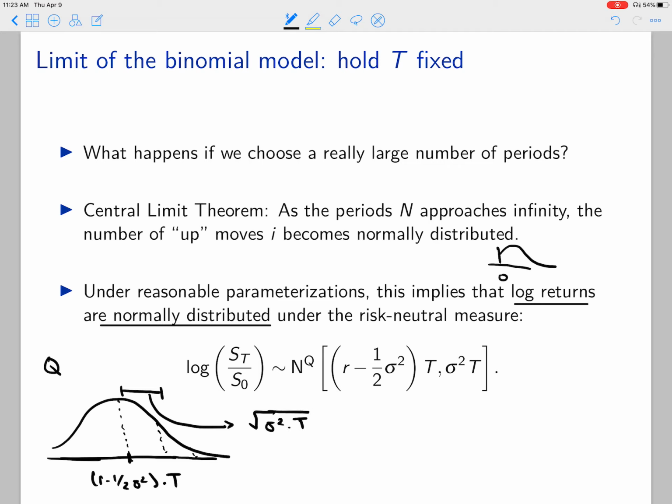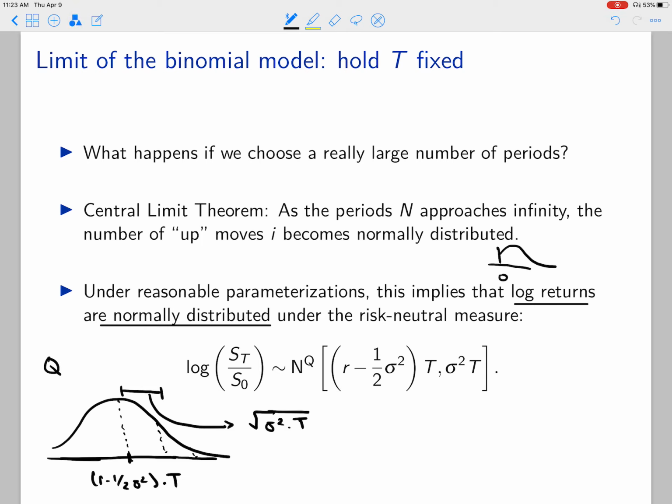So if we move the binomial model to continuous time by shrinking the length of time between each of the periods, or equivalently by selecting an infinitely large number of periods, what's going to happen is that the terminal stock prices are going to follow a log normal distribution, or at the same time, returns are going to follow a normal distribution under the risk-neutral measure.